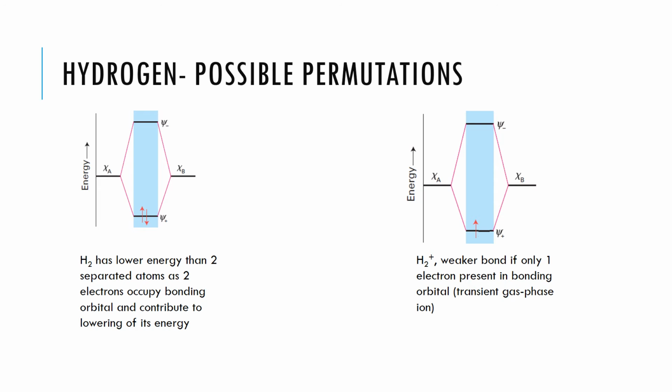And because we've removed an electron from the bonding orbital of hydrogen now, we would predict a weaker bond because there is only one electron present in the bonding orbital there. And indeed, this ion does exist, but it only transiently exists in the gas phase, and it's very, very unstable because of that weak bond.